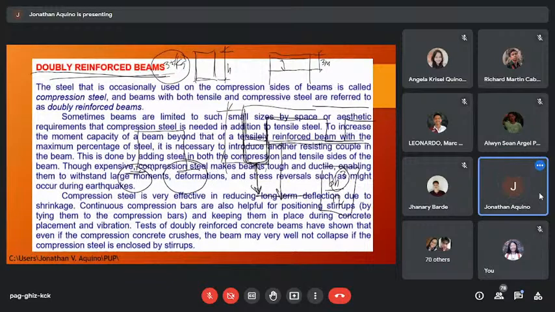Kaya lang, of course, depende pa rin dun sa requirement ng owner. Okay? So number one, nag-dictate yung owner, yung architect. Okay? Then of course, if you want to minimize the weight of your beam, so in terms of structure, para minimize mo yung weight niya, with yung foundation mo, so gagamit ka ng doubly reinforced rectangular beam.